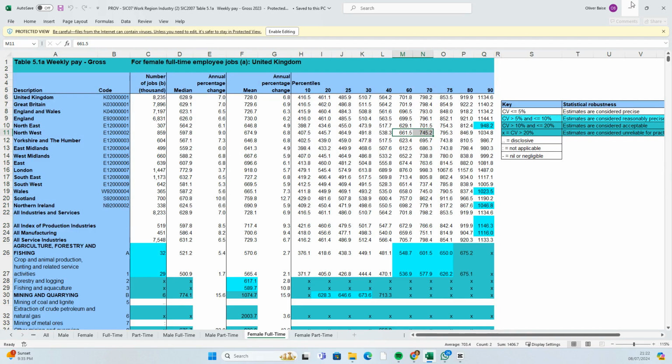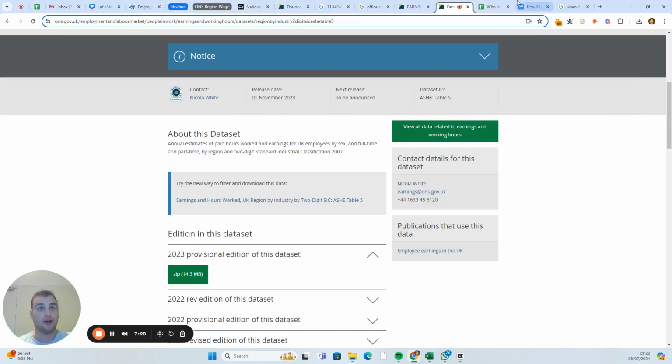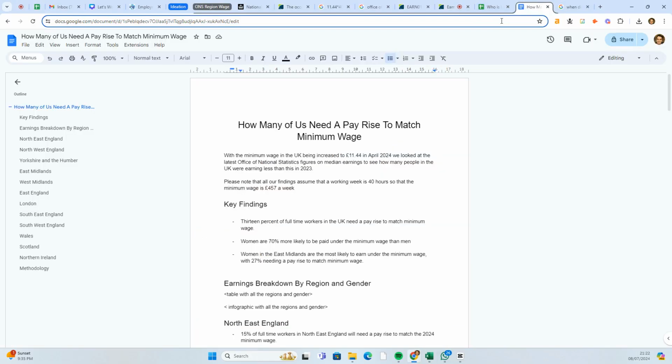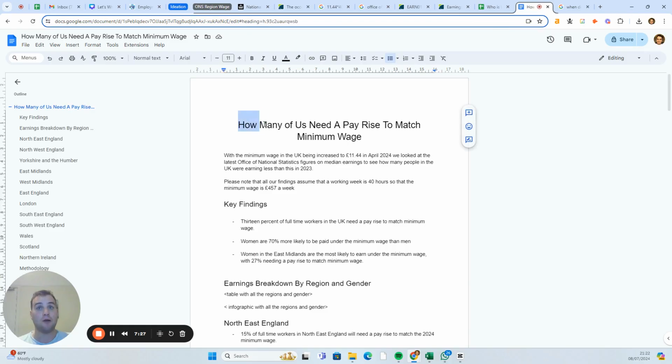So I had to tweak the headline slightly. Rather than being "this is the number of people who earn under minimum wage", I tweaked it to "how many of us need a pay rise to match minimum wage given the April 2024 price hike."